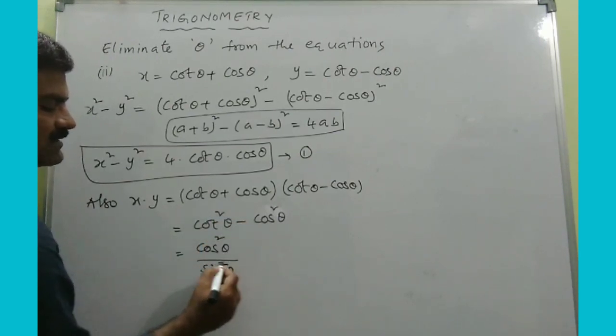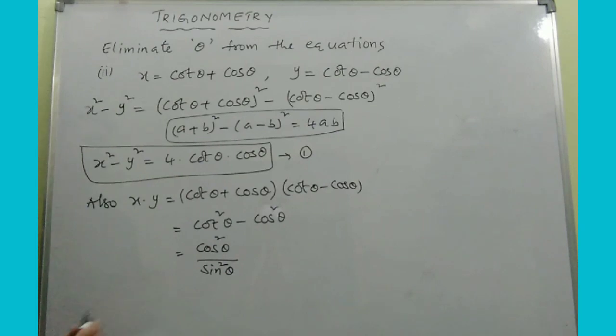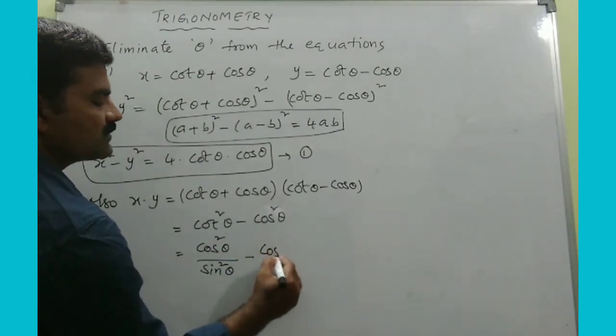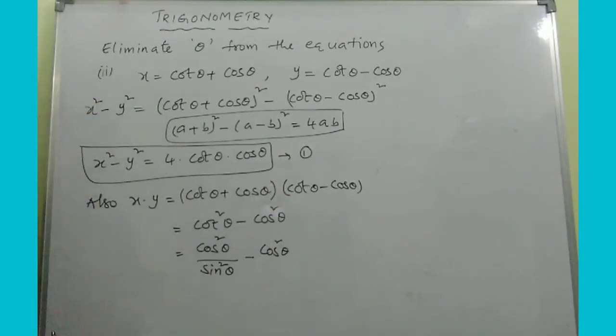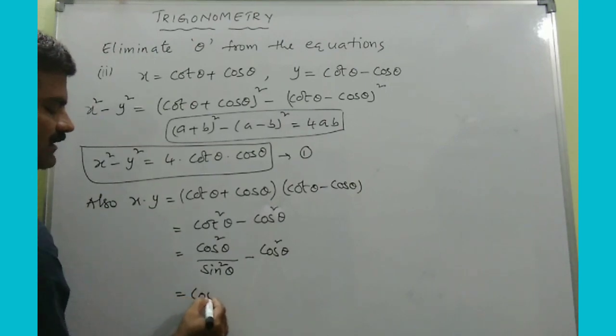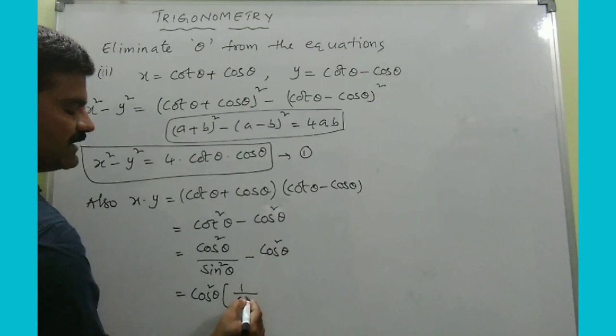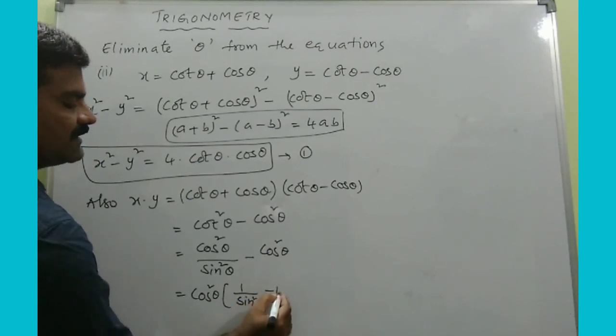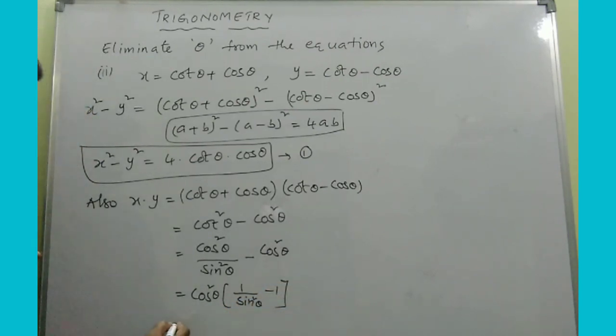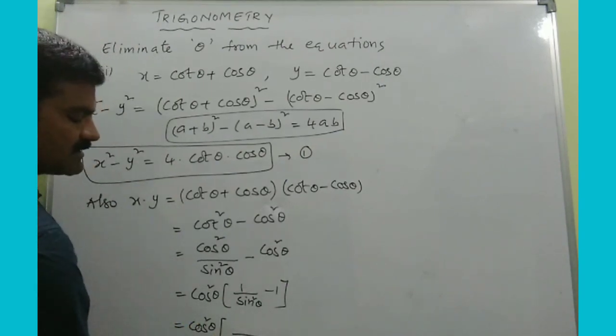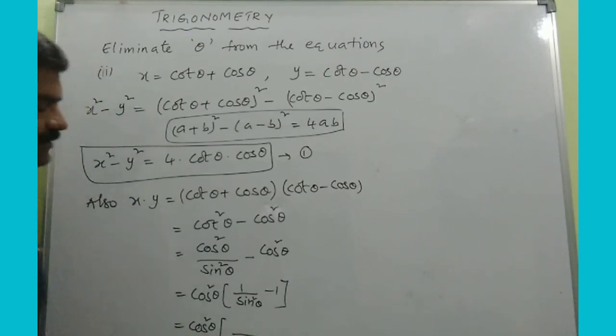Hence I can write it as cos square theta by sine square theta minus this cos square theta as it is. And from this, if I take cos square theta common, 1 by sine square theta minus 1. So this is further cos square theta into, LCM is nothing but sin square theta. Okay.